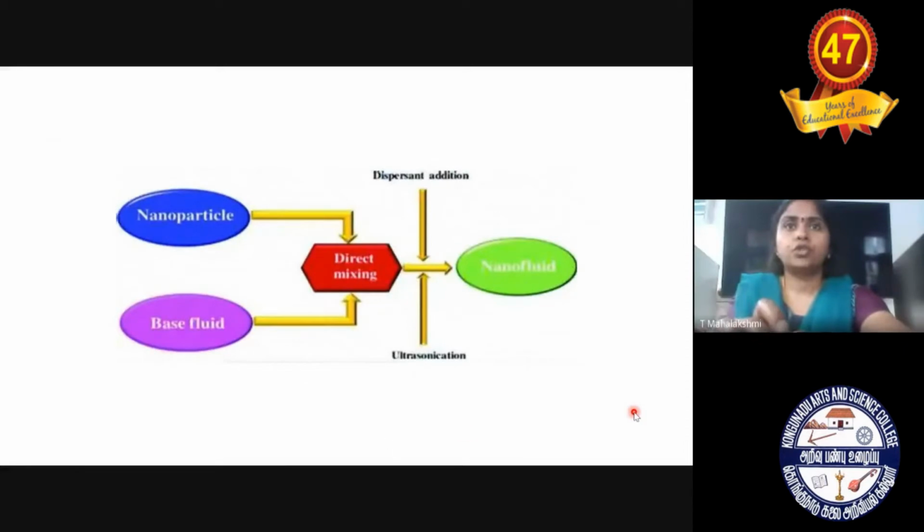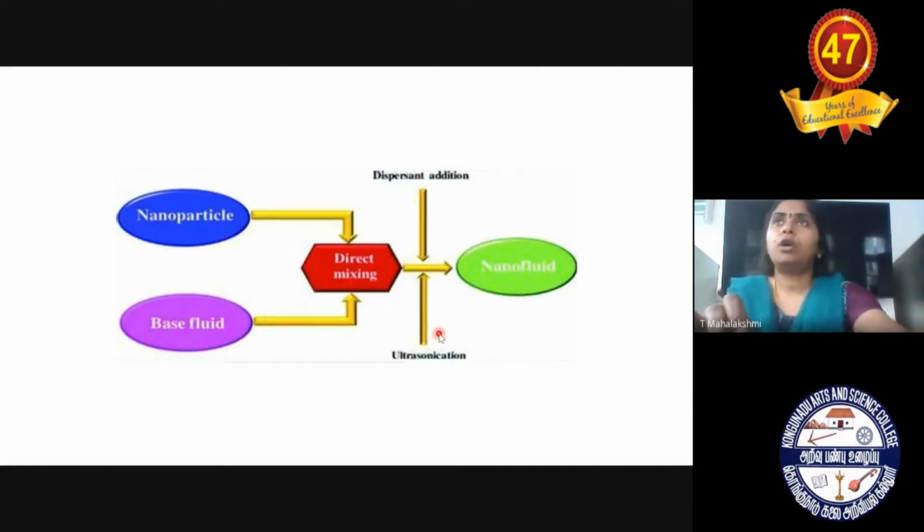So as I told you just now, mixing of the nanoparticle in the base fluid we will get the nanofluid, but it must undergo some process. The simple basic process is the ultrasonication process. In order to get the nanofluid, first we must concentrate on the solid volume fraction of the nanofluid.